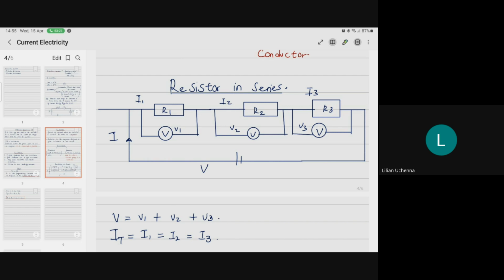Who can tell me why it's getting dimmer? As you put in more, what happens? Why would the bulb get dimmer?